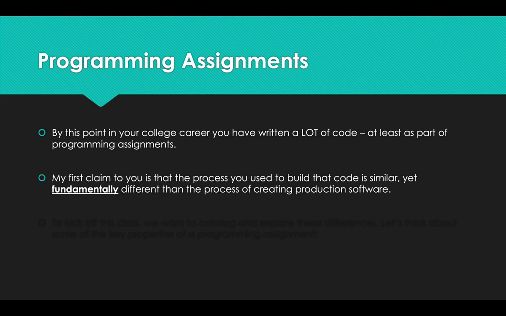My first claim in this lecture is that while you could do things a certain way in a programming assignment and things more than likely kind of worked out, the process that you need to actually perform software engineering at scale is fundamentally different than that ad hoc process that you used to create just a programming assignment piece of code. Here we refer to production software. What that means is software that's used by someone at scale or in an online fashion.